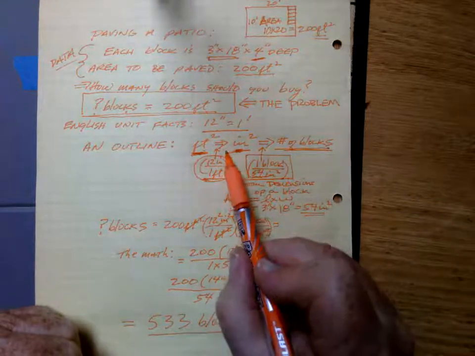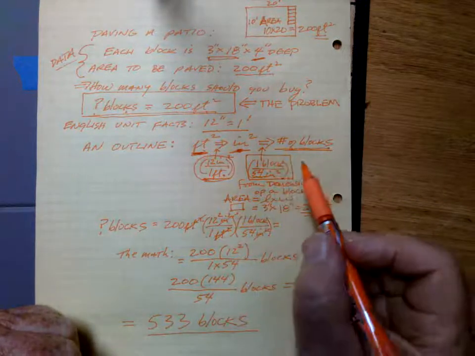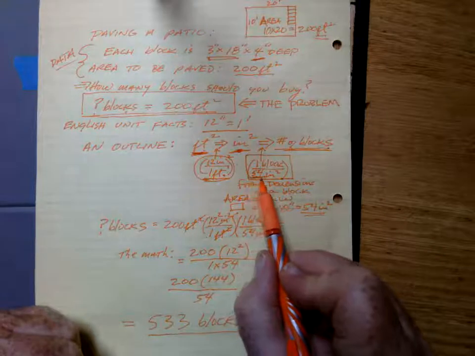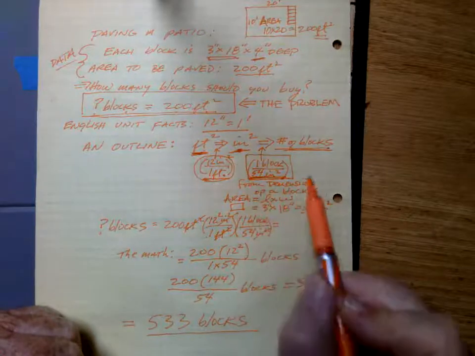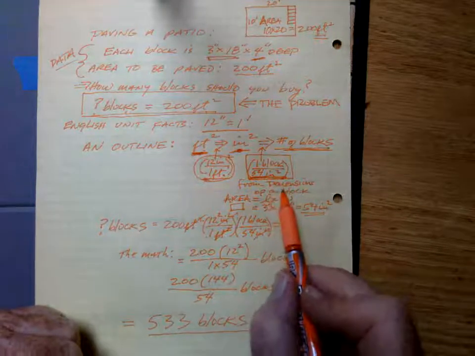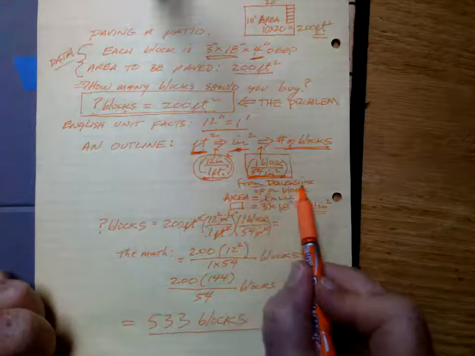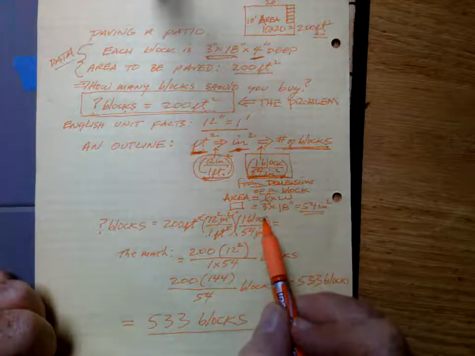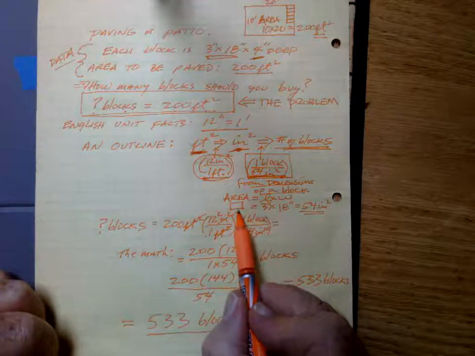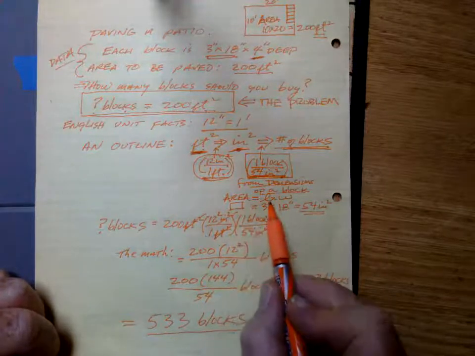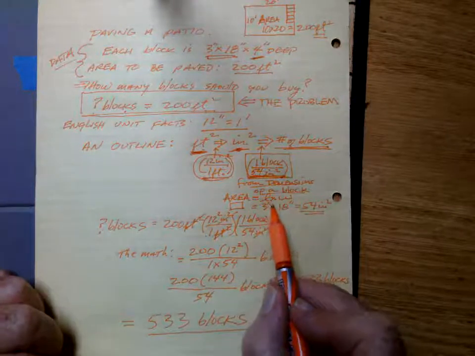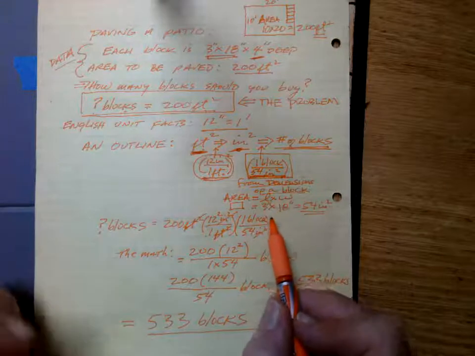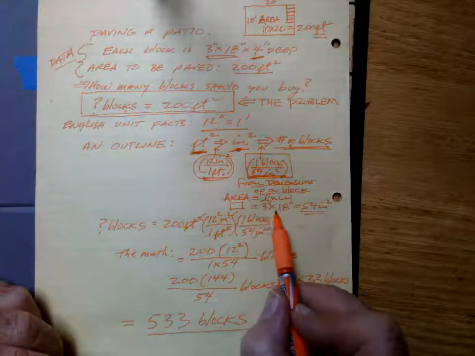So it would be a 2 conversion factor problem if I knew the area of one block. Well, I can get the area of one block from the dimensions of the block.